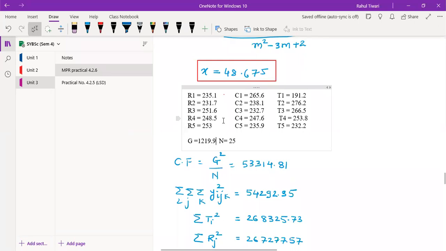Tell me, what are the changes, where? In R3, it is 251.575. Anything else? Anything else changes? I hope everybody is calculating, not just writing and looking at the screen.